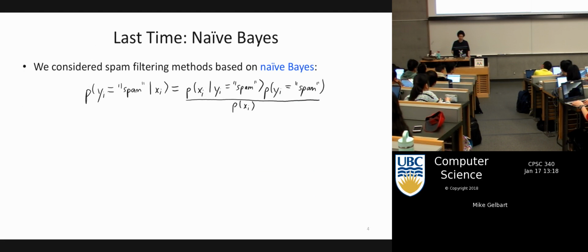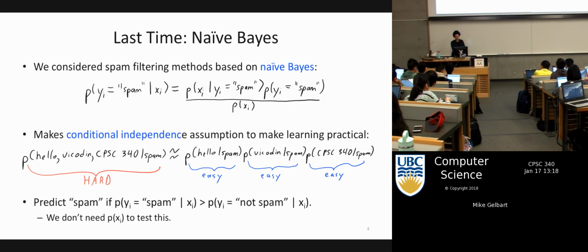So we talked about how we're modeling the probability that a message is spam given the feature vector. We wrote down Bayes' rule. We talked about ignoring the denominator. There was a very good point about this slide being a little bit misleading.